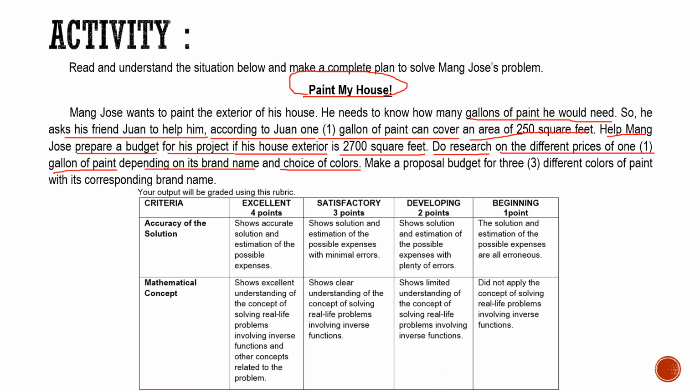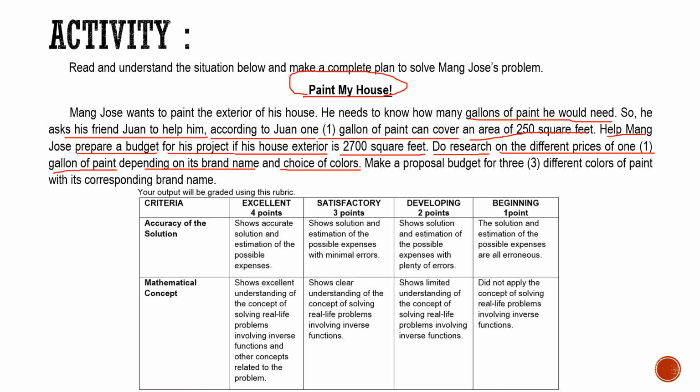It also depends on the features that this paint can bring to us. For example, there are Boysen paints that are odorless, water resistant, heat resistant. So it is more pricey than normal paint. So it really depends on the brand name and the colors, plus the features attached to it.